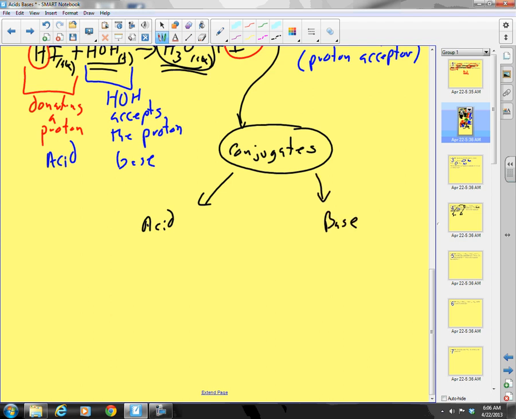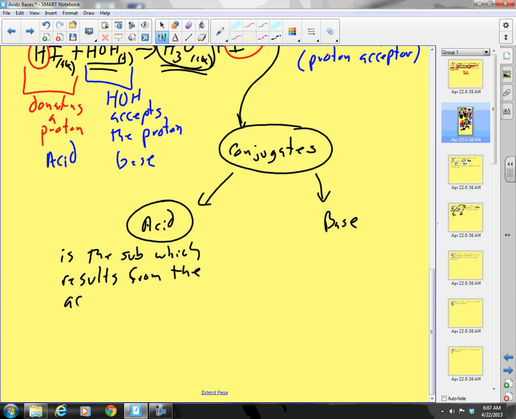So what is my conjugate acid? A conjugate acid is the substance which results from the acceptance of the proton.